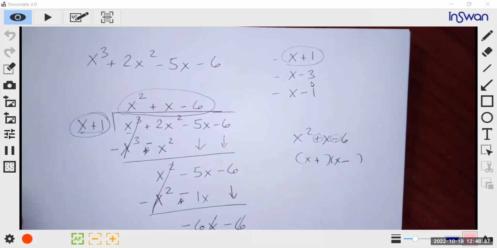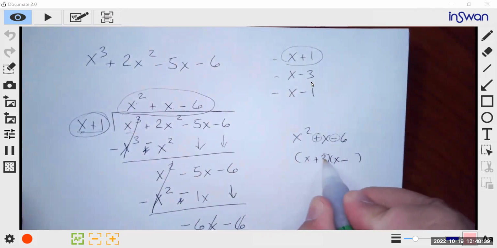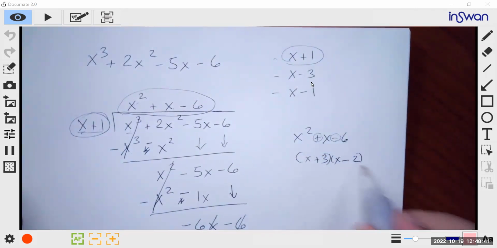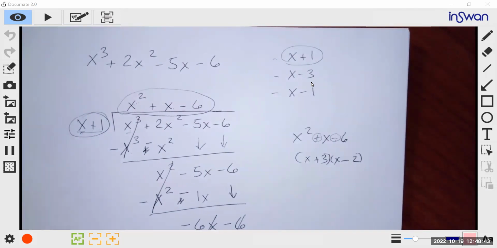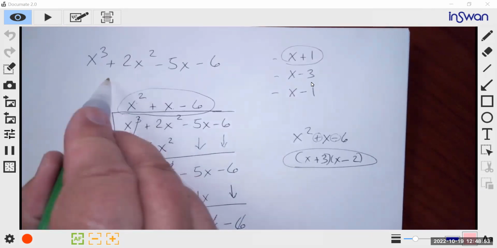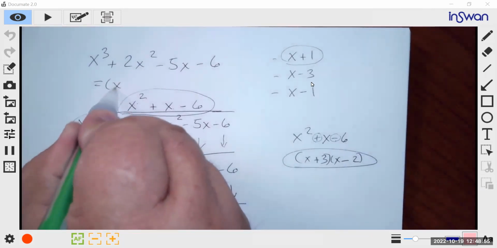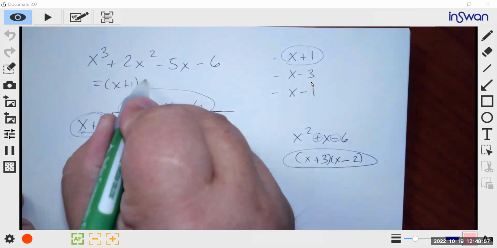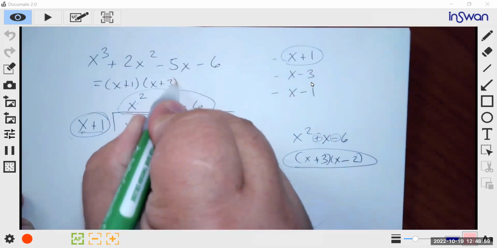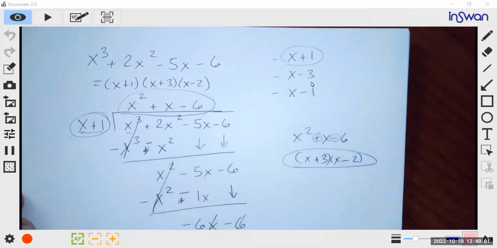So we have 3 and 2. 3 times 2 is 6. 3 minus 2 is 1. So we just found all 3 factors of this big equation: x plus 1, x plus 3, x minus 2.